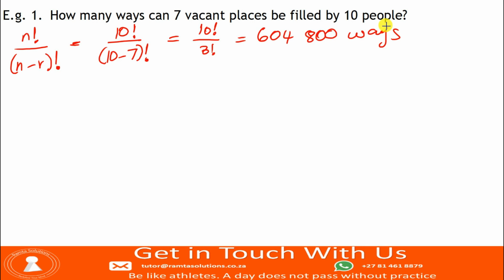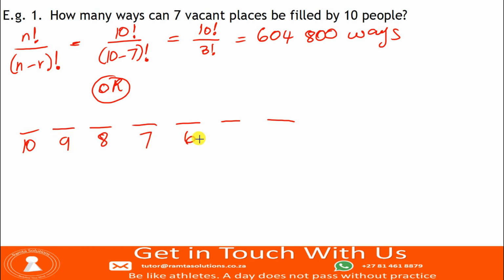Or you can do this. You can say this is 1, 2, 3, 4, 5, 6, 7. For the first place, there are 10 people. When 1 is chosen, you are left with 9, then 8, 7, 6, 5, 4.